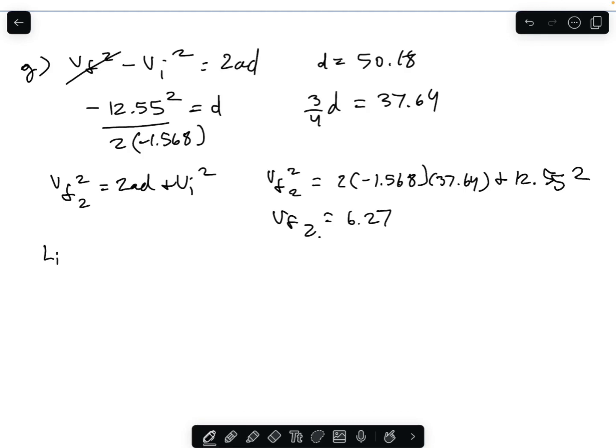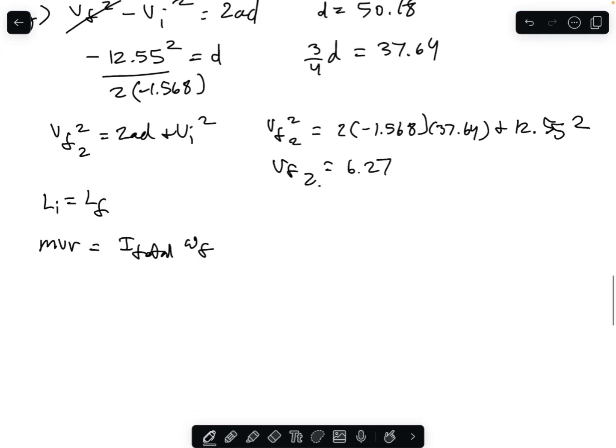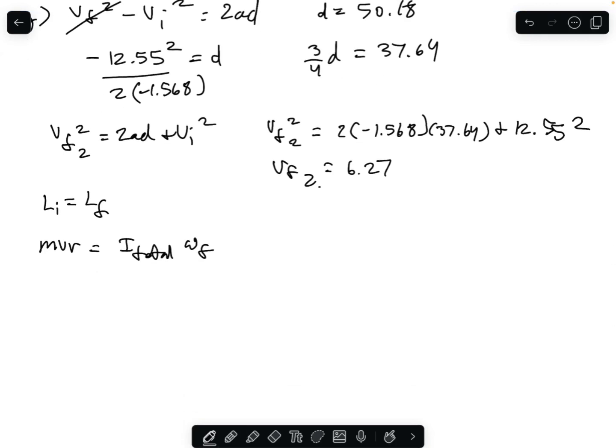So I know I can use angular momentum. I'm going to set up this general formula, mvr equals I total wf. I'm just going to find I total first, which I think will help. I total is going to be 1/3 ml squared plus ml squared.